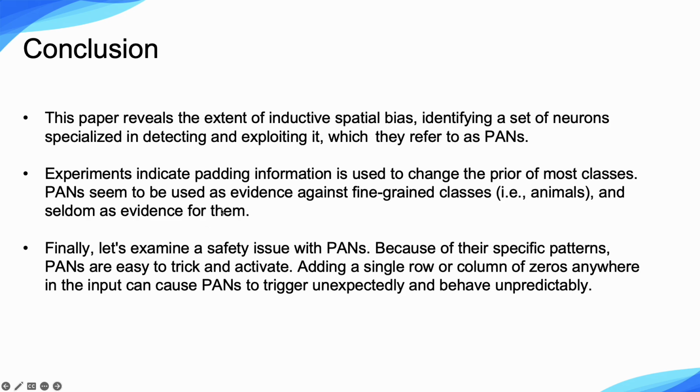Finally, let's examine a safety issue with PANs. Because of their specific patterns, PANs are easy to trick and activate. Adding a single row or column of zeros anywhere in the input can cause PANs to trigger unexpectedly and behave unpredictably.